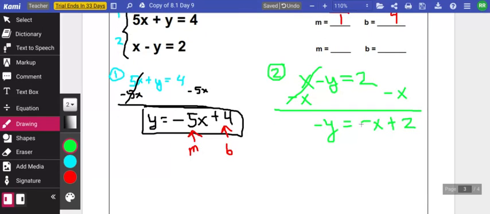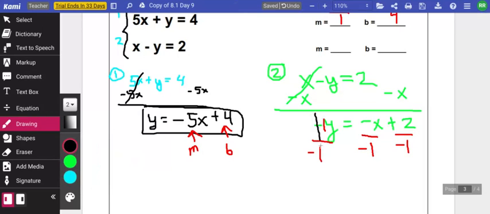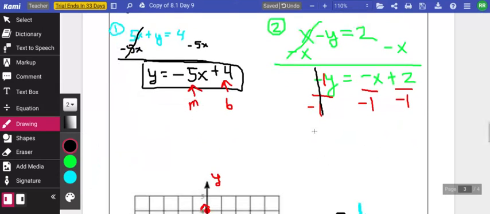This is negative y equals, or you could say negative 1y. And so to solve for y, I divide every term by the number in front of y. The number in front of y here is negative 1. And so every term in the equation gets divided by negative 1. Okay, that way these negative 1s simplify to just 1y.